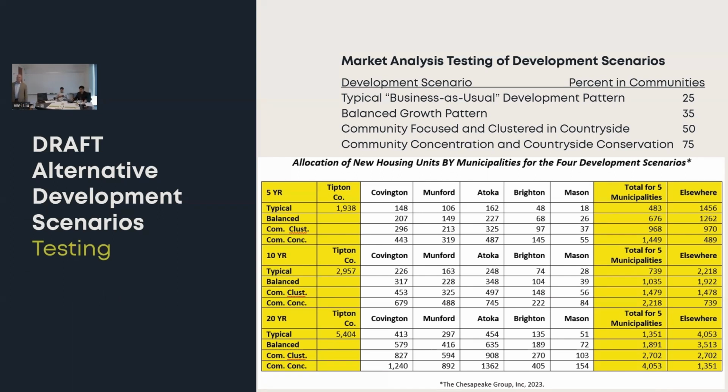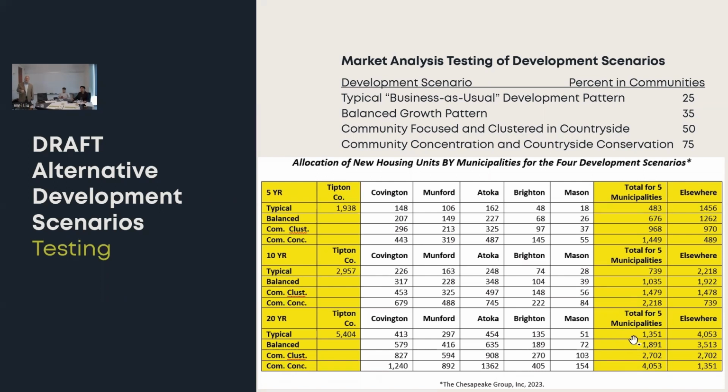So I'm going to talk mostly about the one on the bottom, the 20 year. You see there at the top that you've got the 5404 units that we talked about in the past, and kind of measuring those out across Covington, Mumford, Atoka, Brighton, Mason, and then the total for the municipalities based on each of those scenarios below that. So you can see specifically when you compare the typical at the top to the community concentrated at the bottom, you look at the numbers for those communities, see how small they are at the top, and then as they go down, they get much larger.